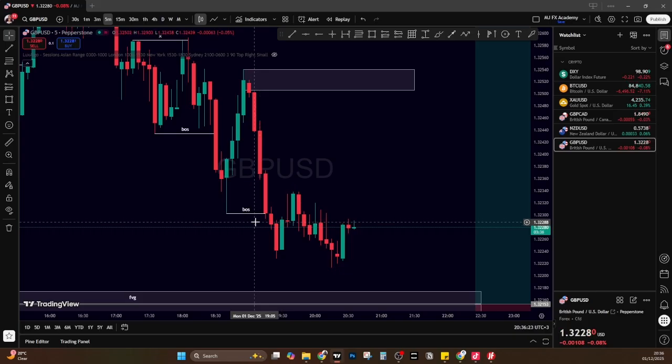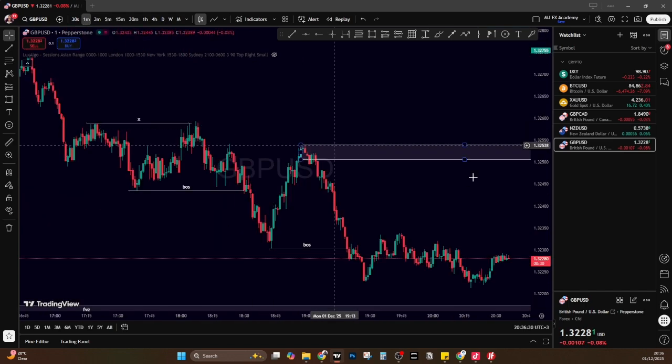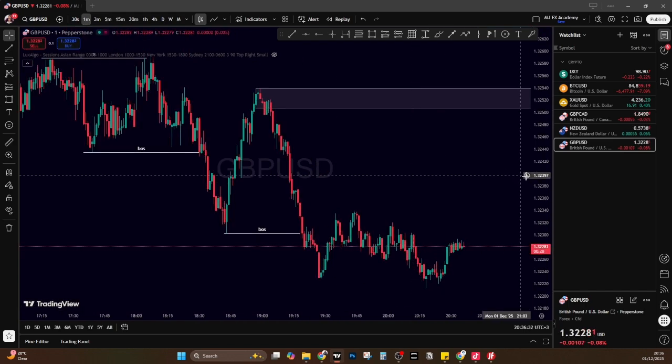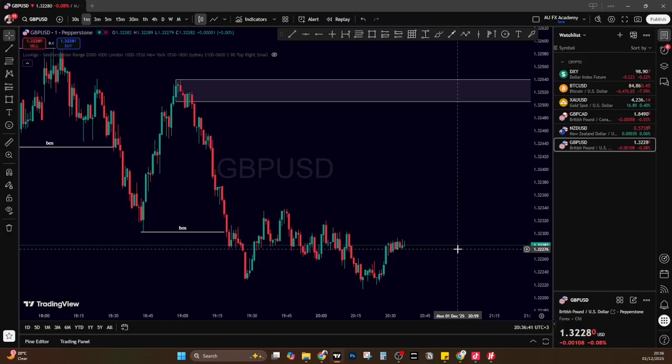Now, once you go to the lower time frame, maybe we go to 1 minute, the market must come back and take out all this liquidity before it continues going down. I hope you understood that.